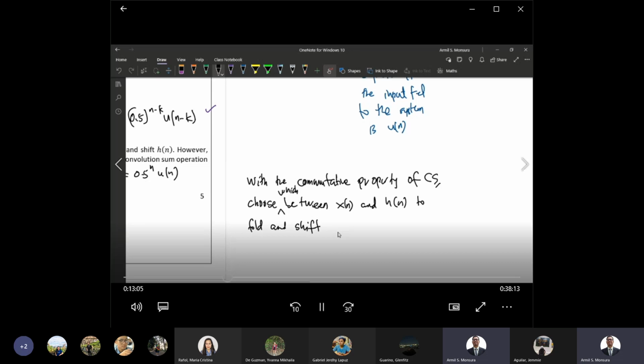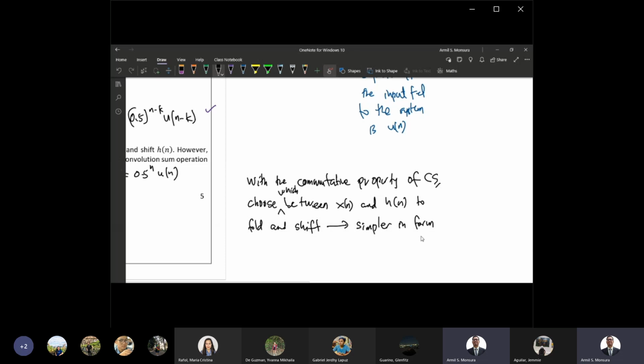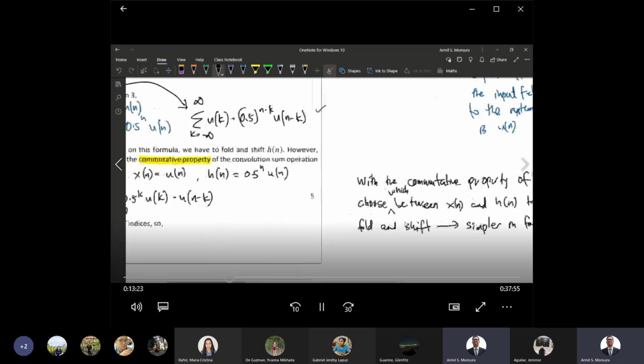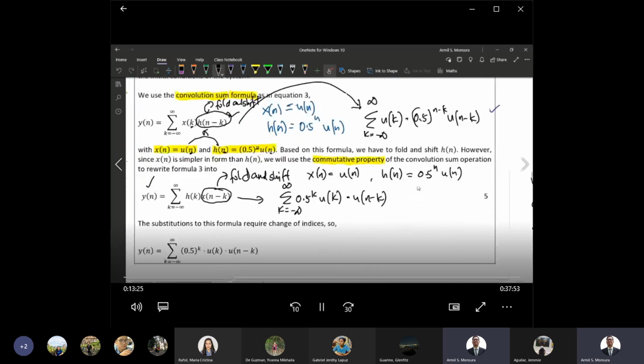So usually, ang rule natin dyan is yung i-fold and shift nyo, yung simpler in form. Okay? So kung sino yung mas simple between xn at saka hn, yun yung i-fold and shift natin. So in this case, between xn at saka hn, xn is simpler than hn.